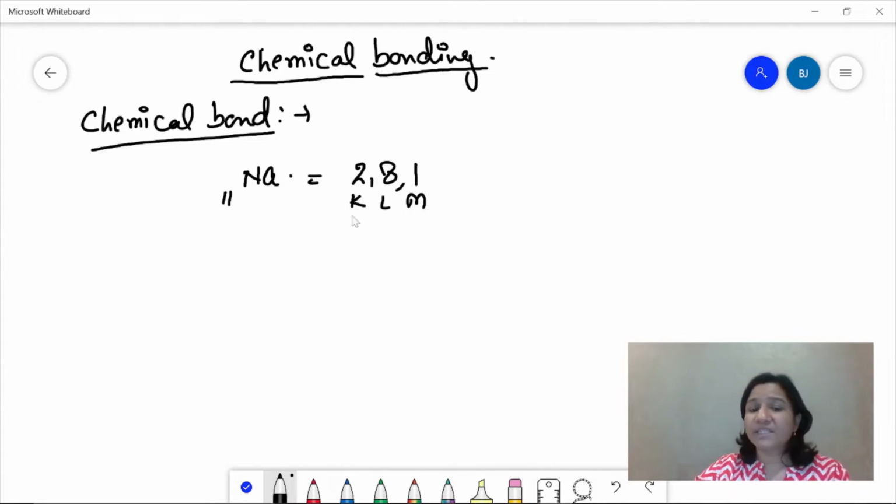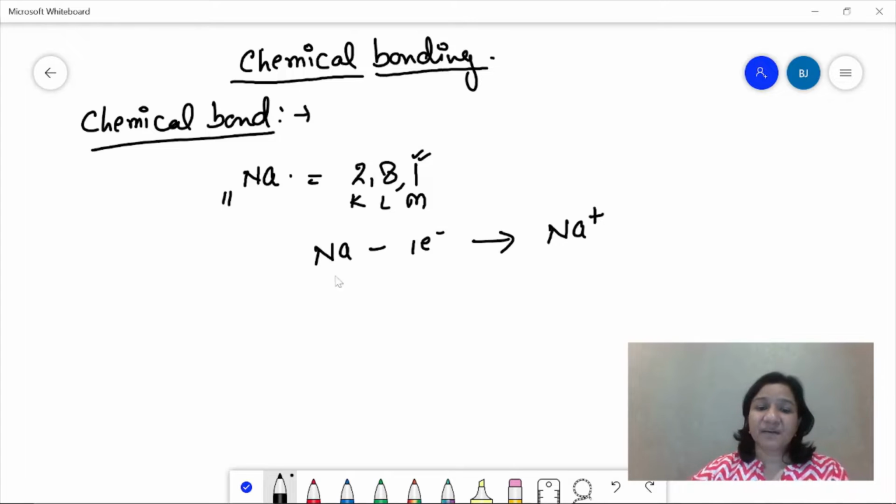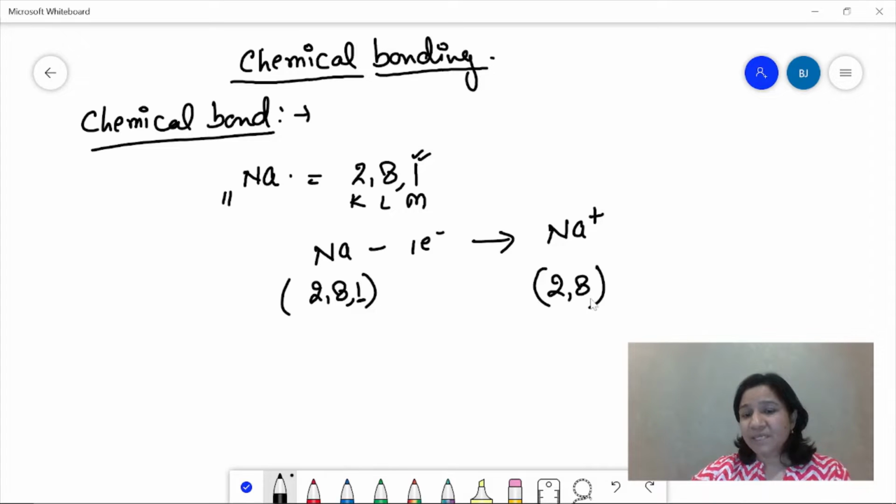Sodium atom can acquire stability by losing this electron, which is easy for it. Loss of electron can be represented as sodium changing into Na plus. Sodium's configuration was 2,8,1, and after conversion into the sodium ion it is 2,8. After losing the valence electron, sodium is converted into a positively charged ion, because whenever there is a loss of electron, the atom acquires a positive charge.